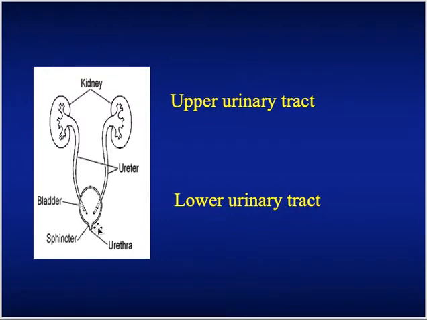Whenever there is urinary outflow obstruction, it is basically due to BPH, and the problem is with the lower urinary tract. Remember that the prostate is present only in males, not in females. So this lecture about BPH is only about male patients.